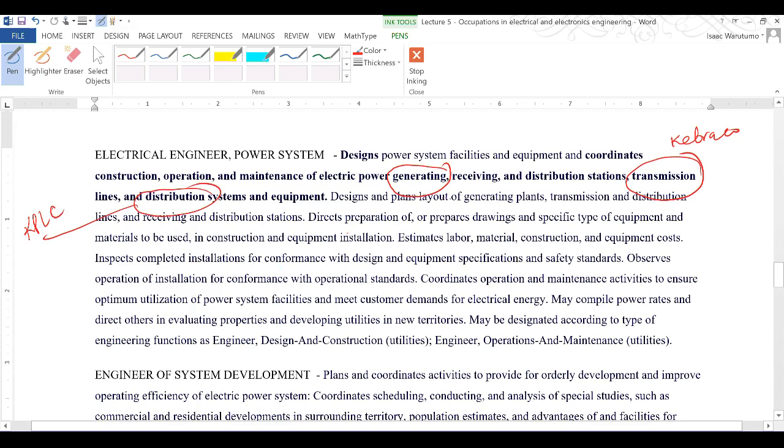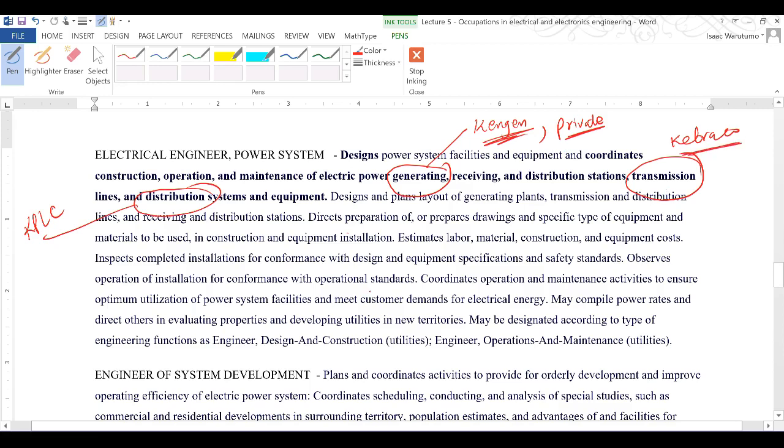But generation is done by the likes of KenGen. KenGen are the people who deal with Masinga, Kindaruma, and other power stations. They generate power. There are also private power generating companies. They sell power to Kenya Power, but it is KETRACO that transmits it.